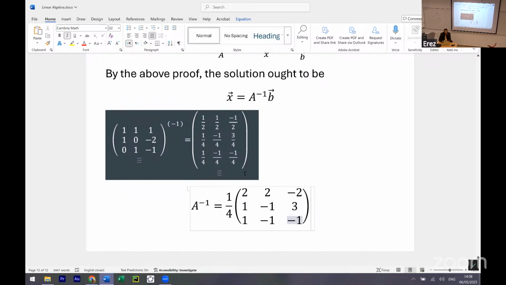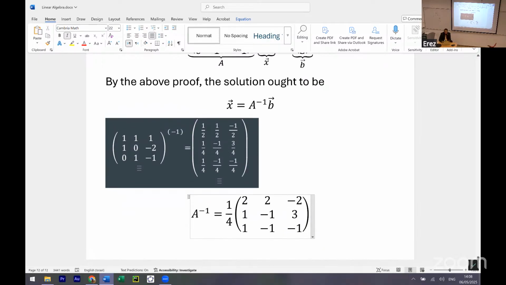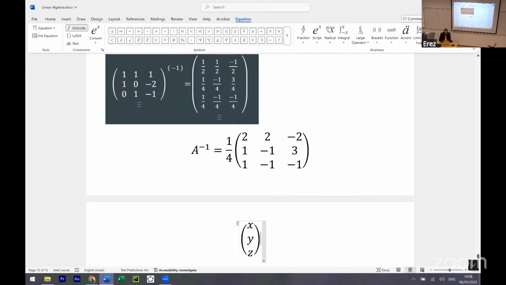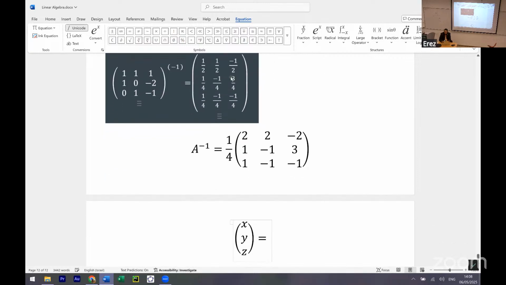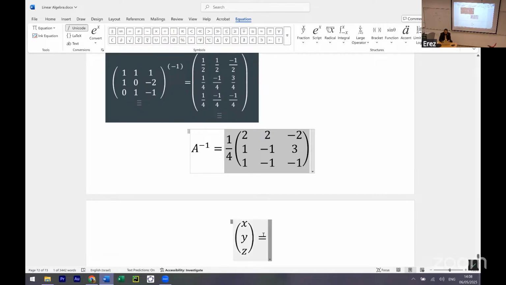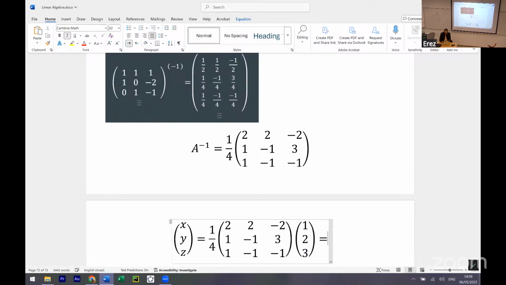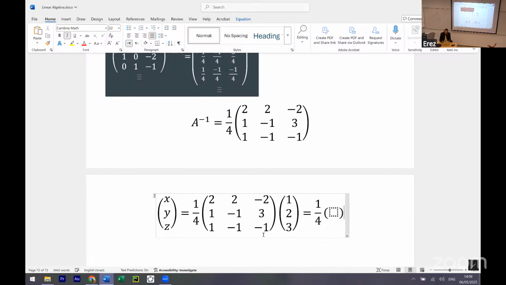And therefore the solution, x, y, z, would be this times the constant vector 1, 2, 3, which is a quarter times: 2 plus 4 is 6, minus 6, the first element is 0. Interesting.